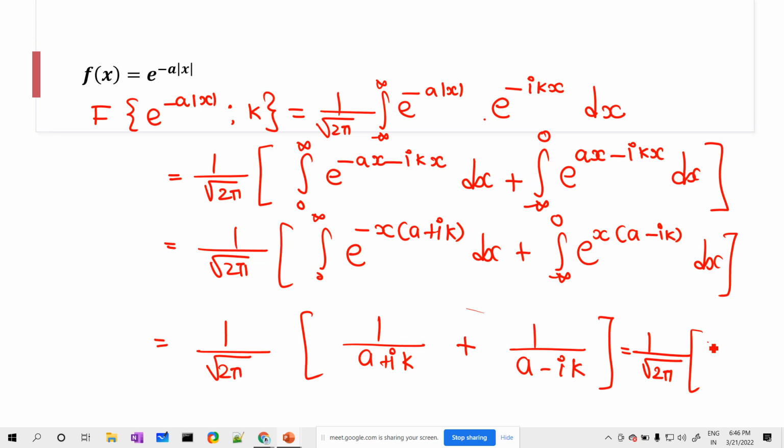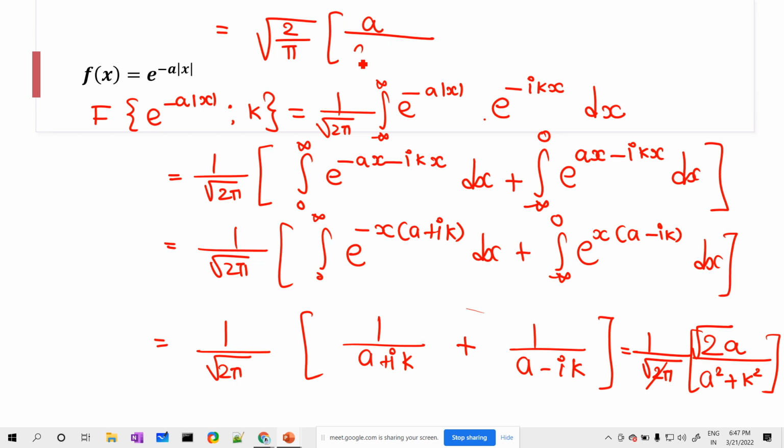So it is 2a divided by a square plus k square. So this root 2 cancels with this. So finally what I get is the answer is root 2 by pi a upon a square plus k square.